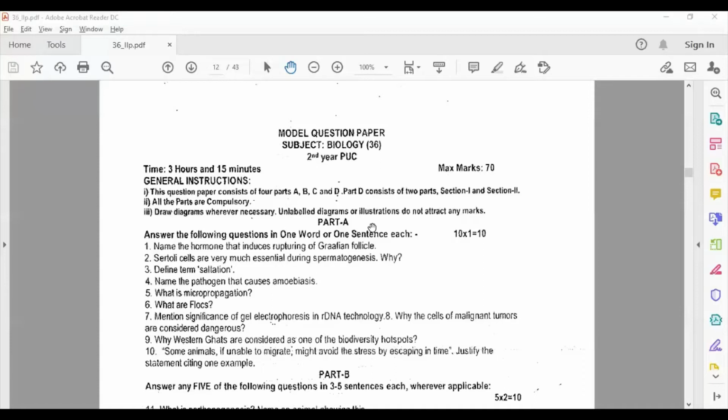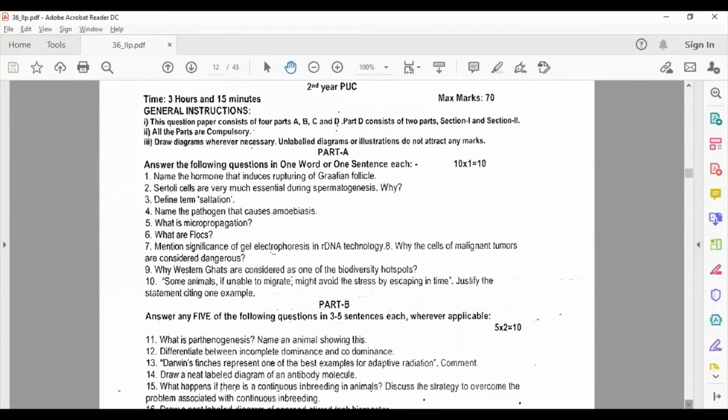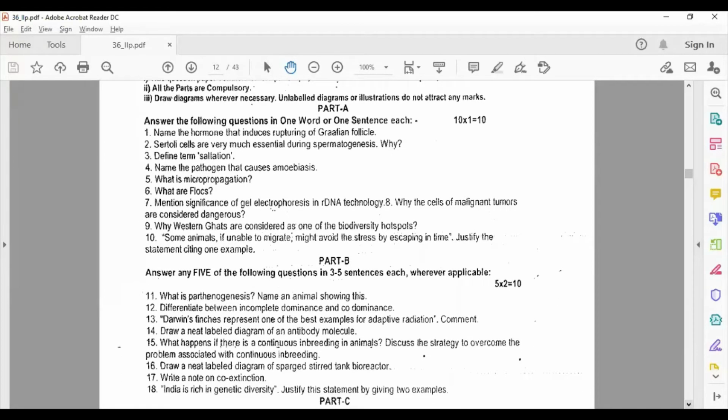The scheme of valuation can't be explained to every student. So always remember, wherever diagrams are needed, make sure you draw them. The labeled one would fetch marks; unlabeled diagrams or illustrations do not attract any marks.